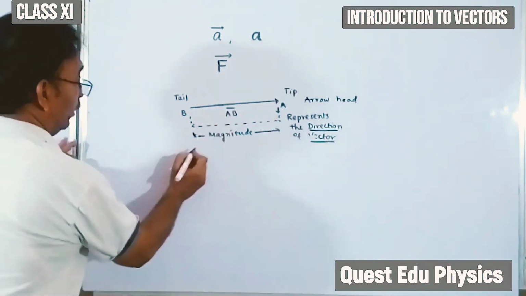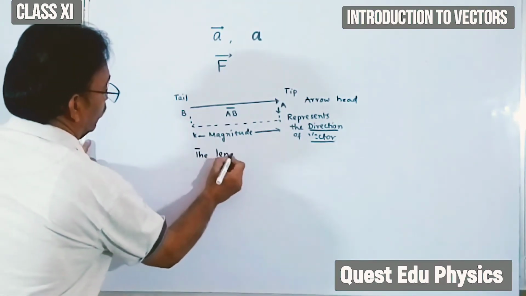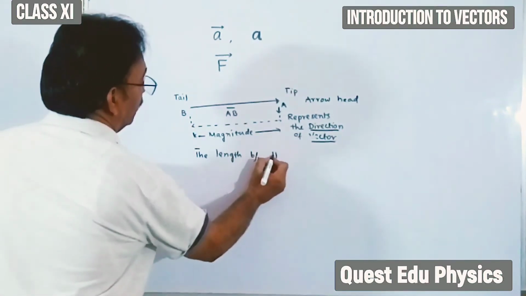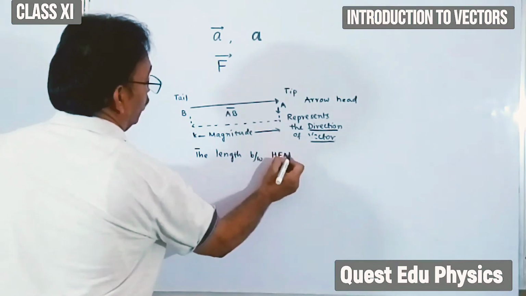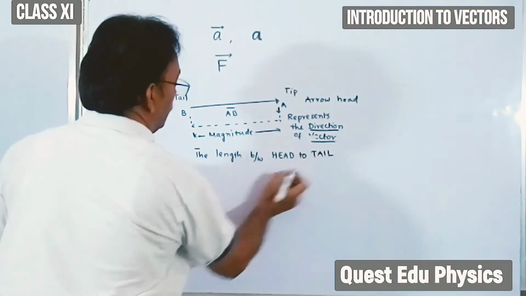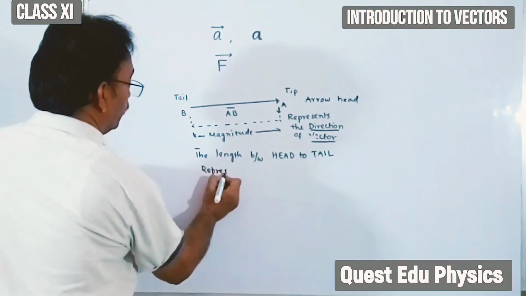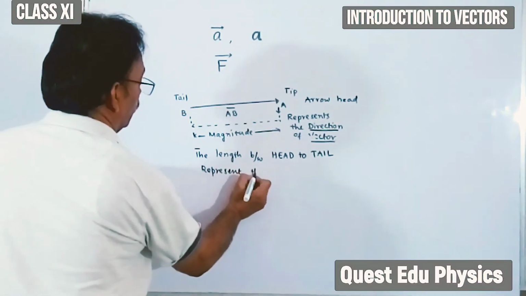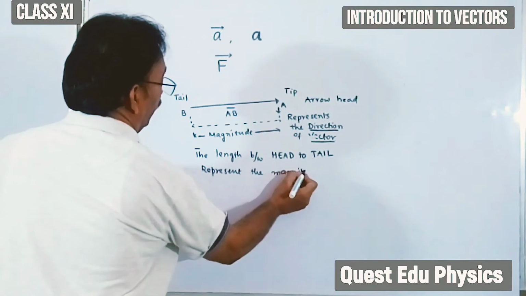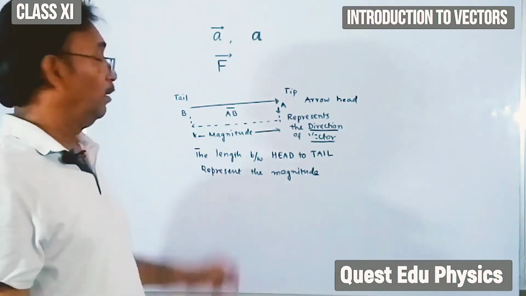Okay. Then the length between head to tail represents the magnitude of a vector. Understanding me? Okay.